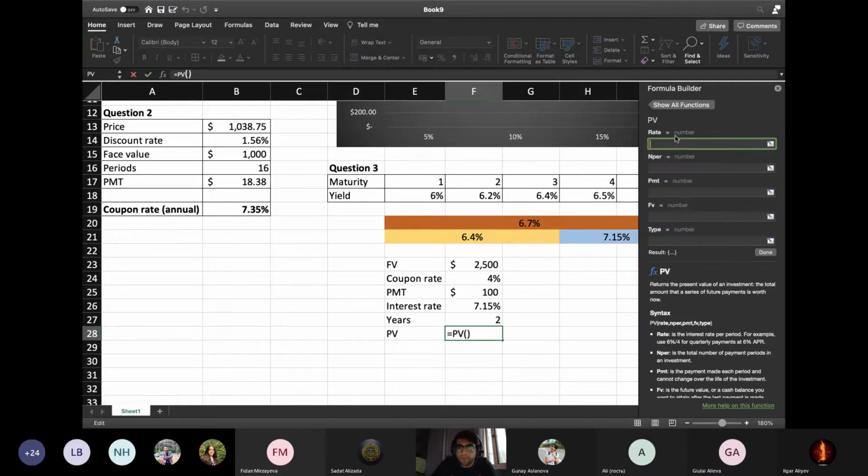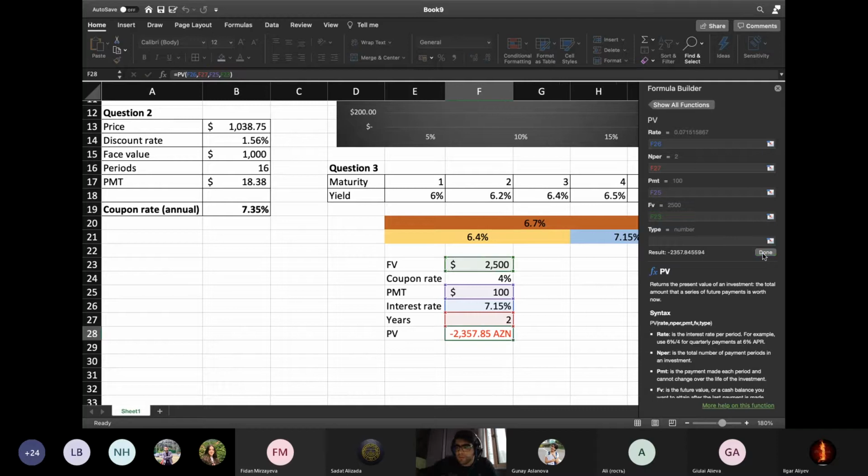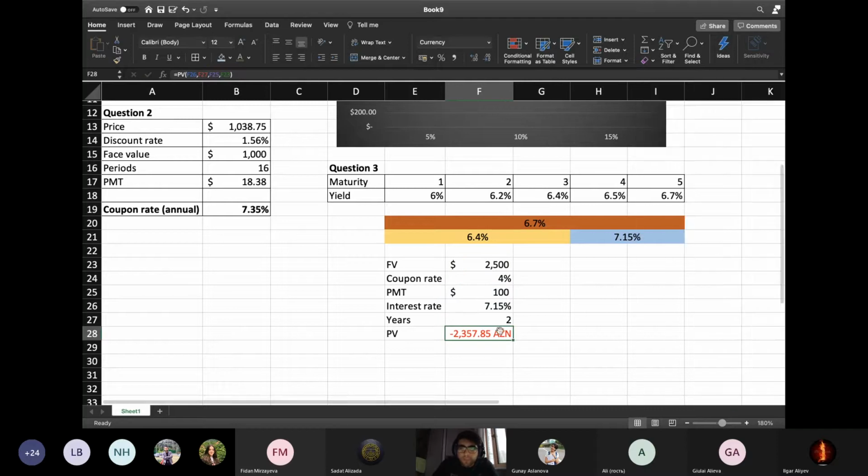We come here: present value, rate, that one, number of periods, 2 years, payment $100, future value, this one. Let me put a minus sign here.